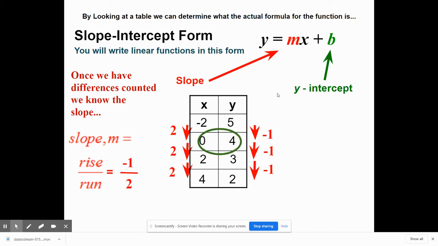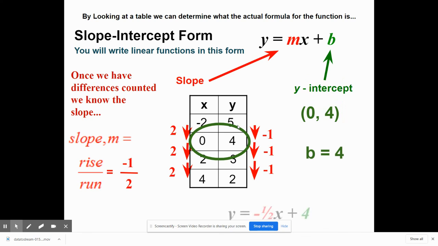Now on this picture, there is a y-intercept, which is 0, 4. When we put the y-intercept into the slope-intercept form, it is only the number under the y that we use, so b is equal to +4. That gives our equation as -1/2 x plus 4.